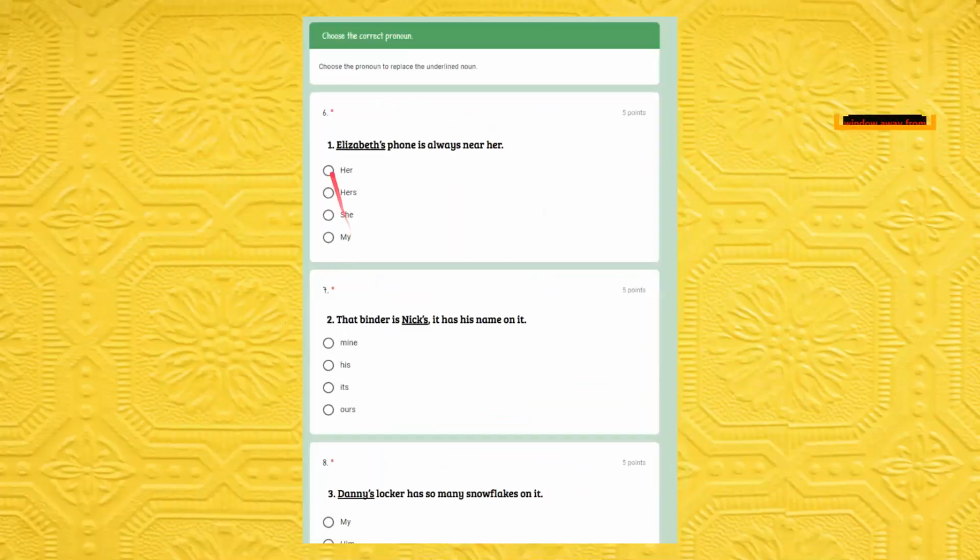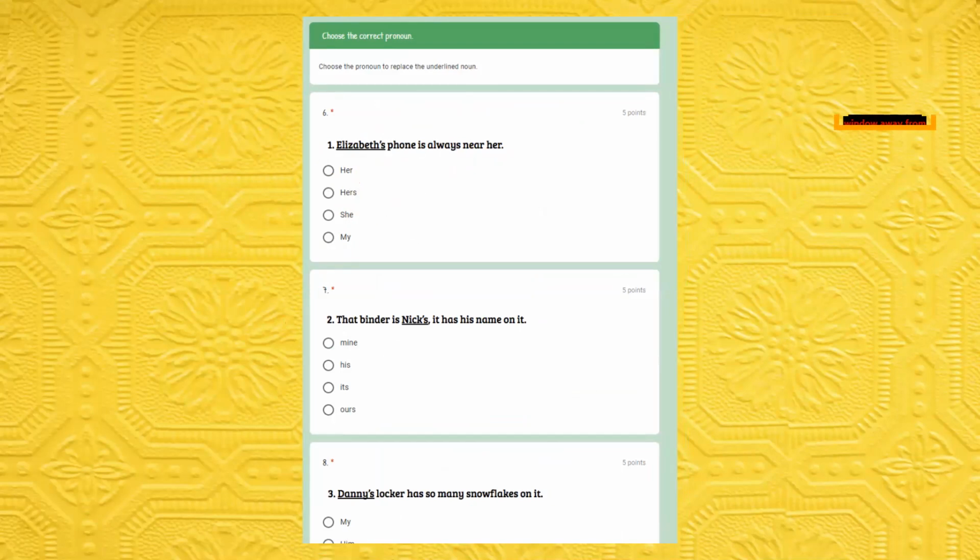This part of the assignment says choose the pronoun to replace the underlined noun. So the first one says Elizabeth's phone is always near her. Which one of these pronouns can go into this sentence? Is it her? Her phone is always near her? Is it hers? Hers phone is always near her?